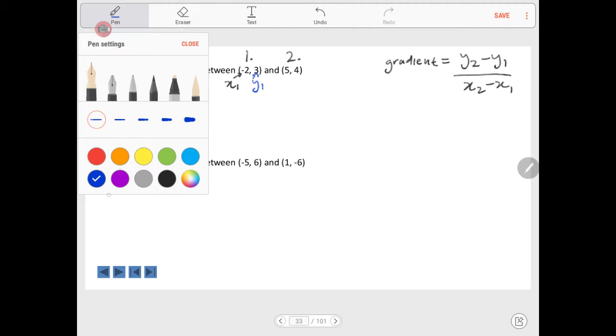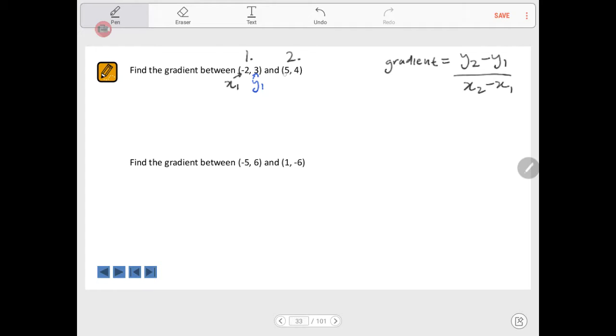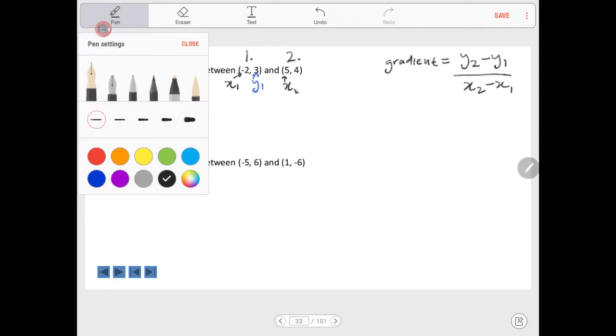Now here we'll have, in the second coordinate point, x2 and y2.